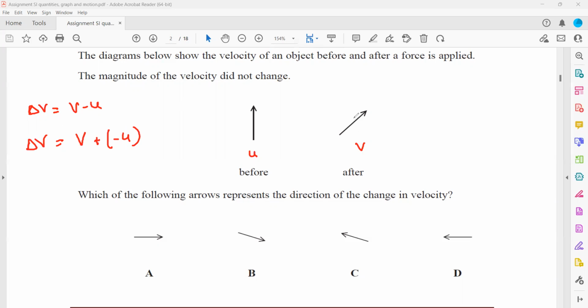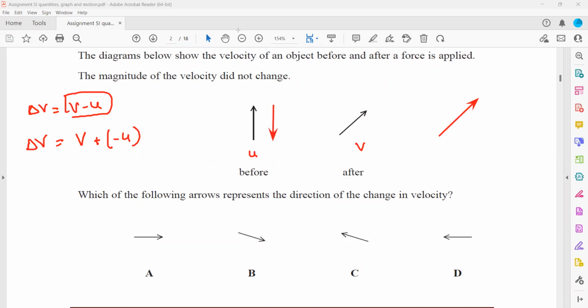So if I want the change in the velocity, first I should draw the final vector, so v. Then I should draw minus u, because the change in velocity is v minus u, but in vector addition, it is v plus minus u. So if u is up, what will be the direction of minus u?